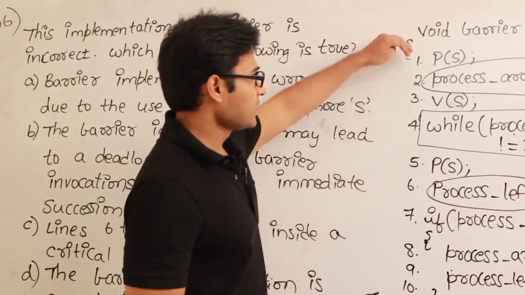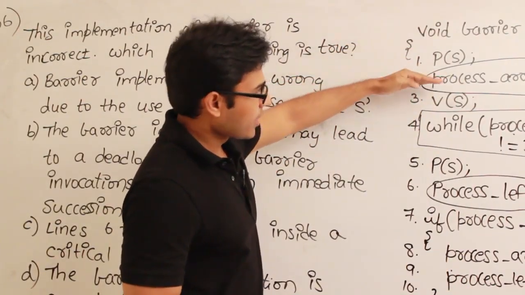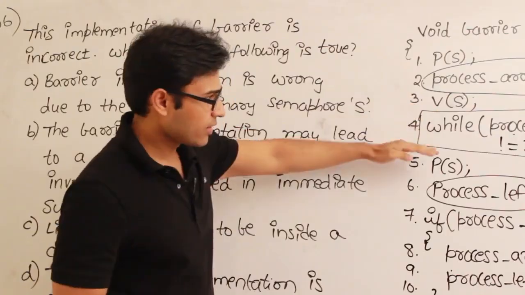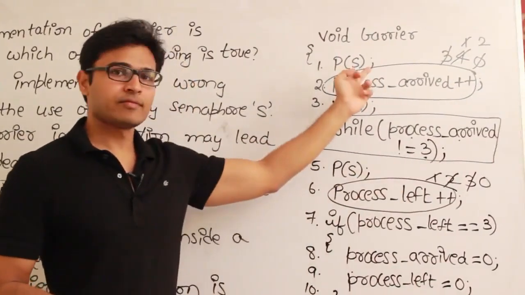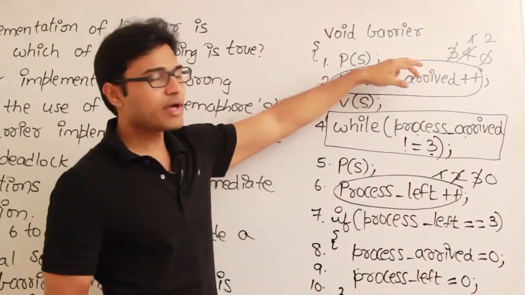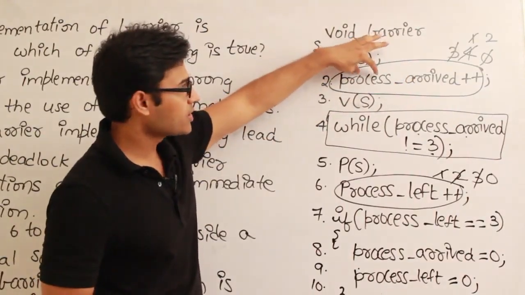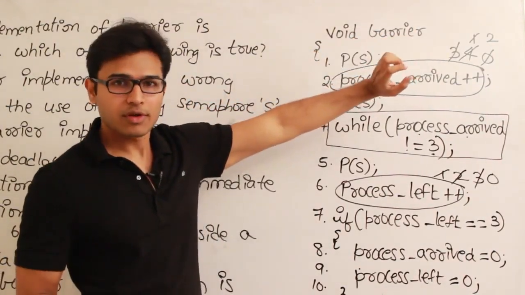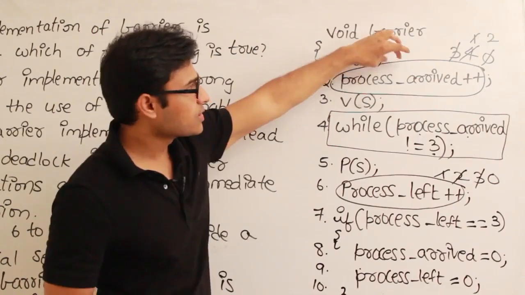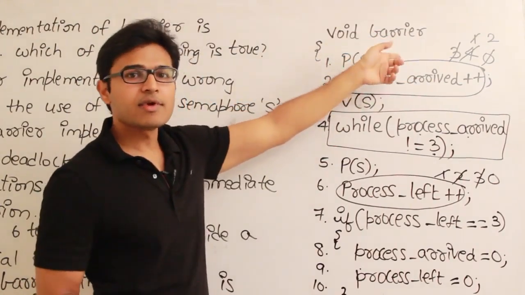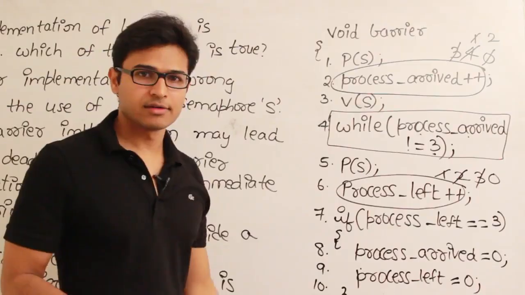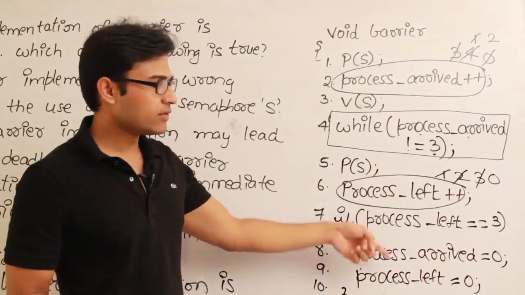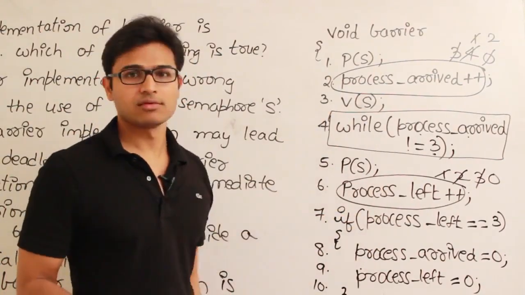What I am trying to say is, now all the processes have arrived and all the processes have left, and the first process which left the barrier again came back, and it should have come after process arrived has become 0, right? But when process arrived is still 3, it is trying to increment it and make it 4, which means one count is actually lost there. Why? The last one to leave the barrier is going to make it 0. Got it?